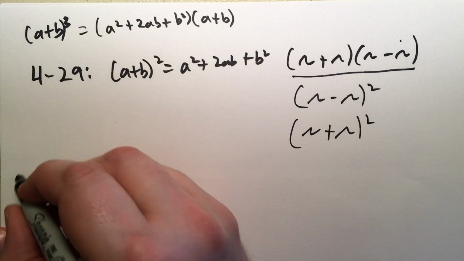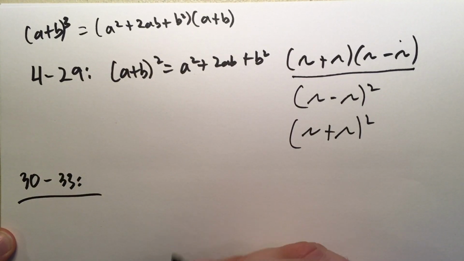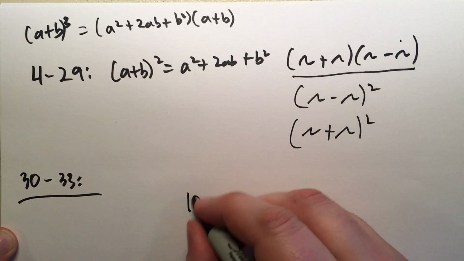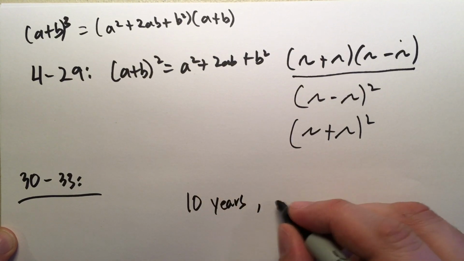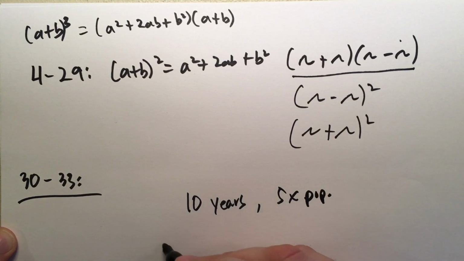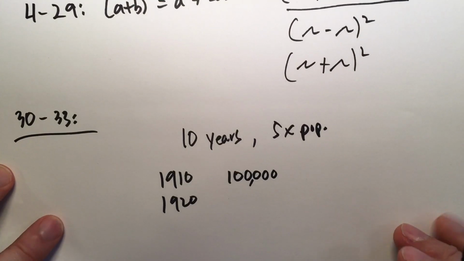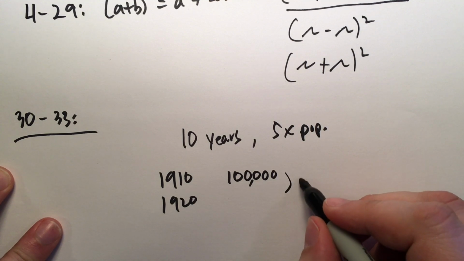And for problems 30 to 33, this is how it works. So if every 10 years we had 5 times the population, and we started in 1910 with, let's say, 100,000 people. Well, in 1920, that's 10 years, so we're going to have 5 times.